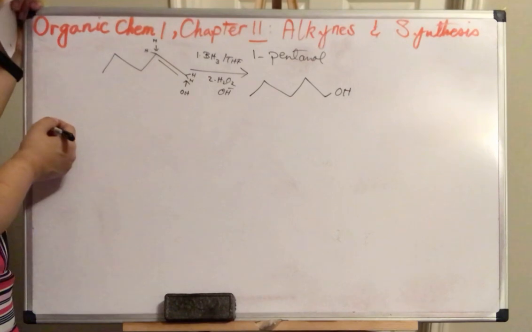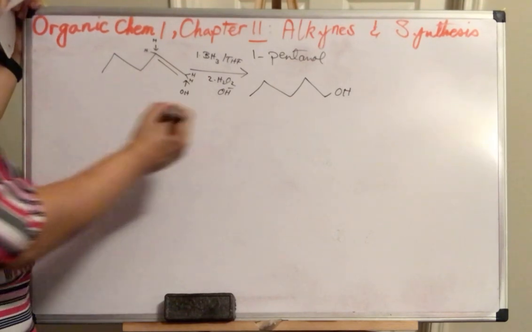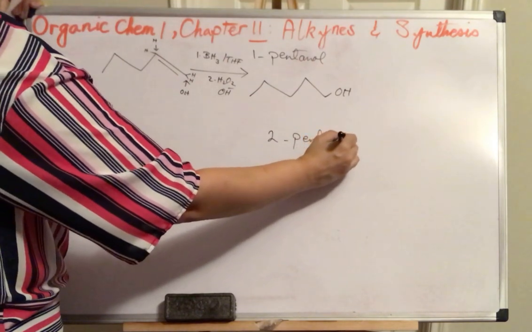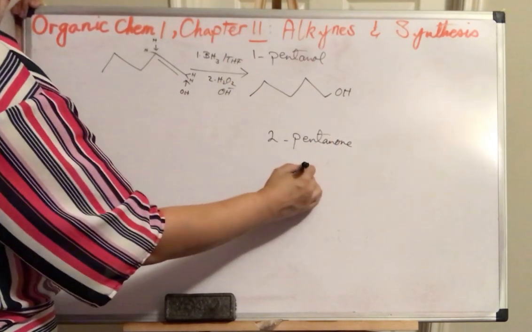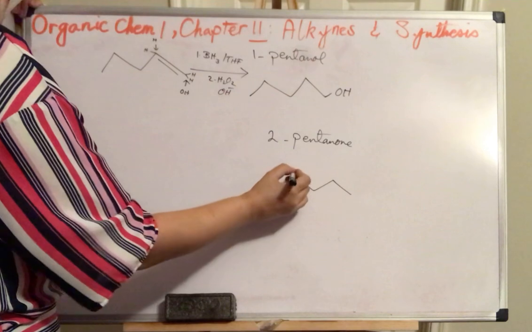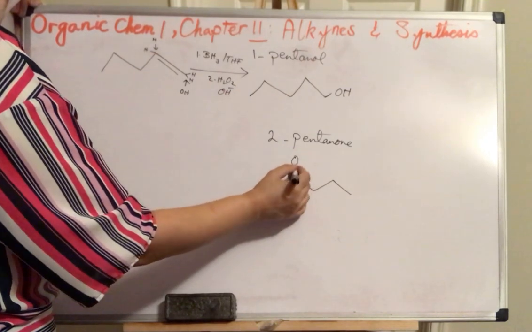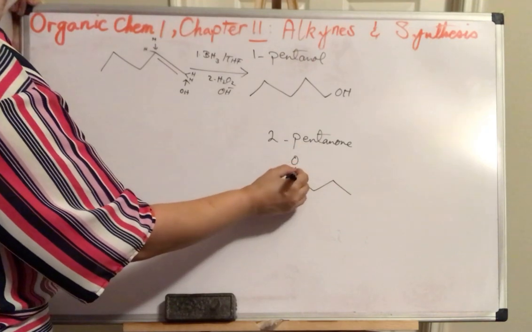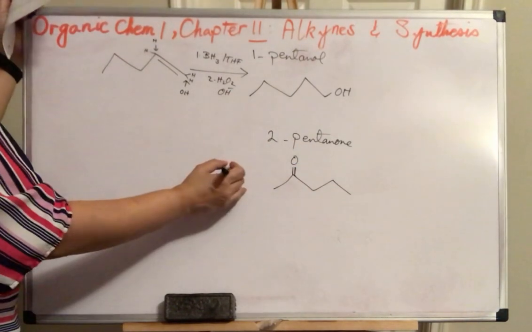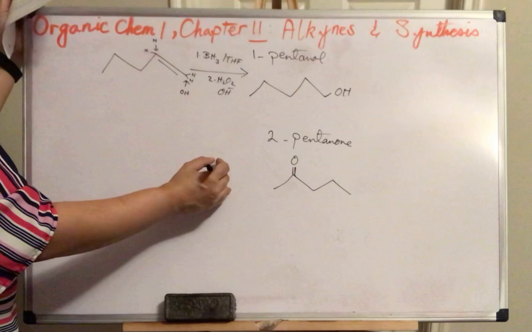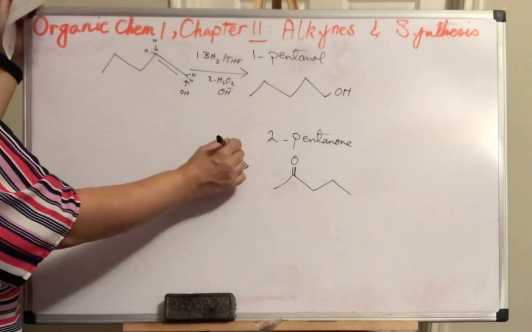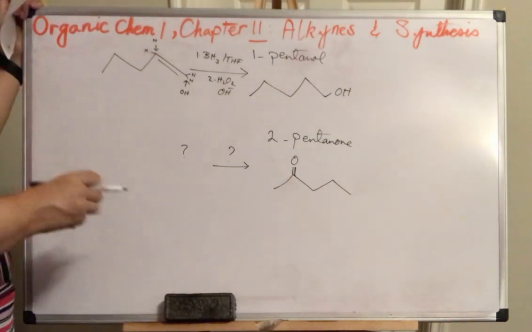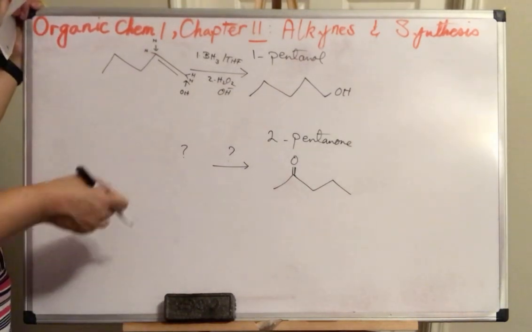And finally, we are going to prepare 2-pentanone, 1, 2, 3, 4, 5. Pentanone means ketone, so the ketone functional group is on the second carbon. We are going to make it from any organic or inorganic reagent. You have different options.